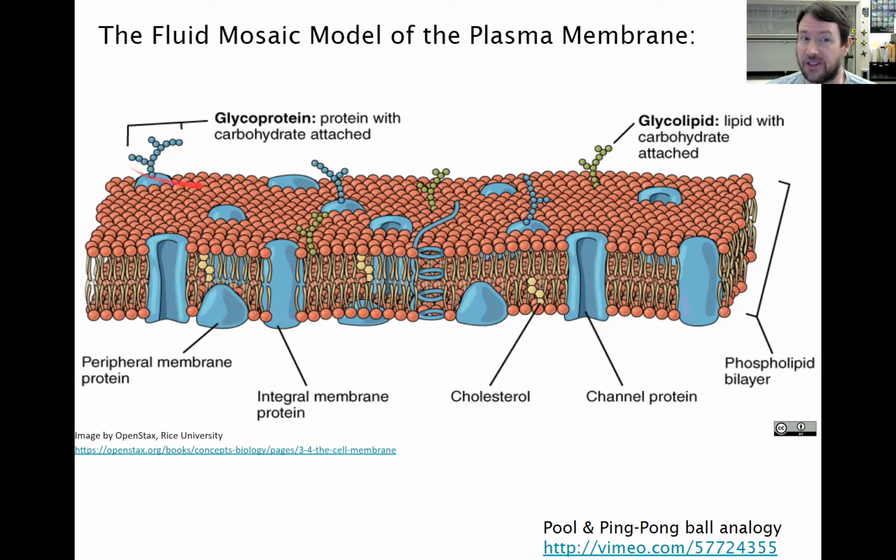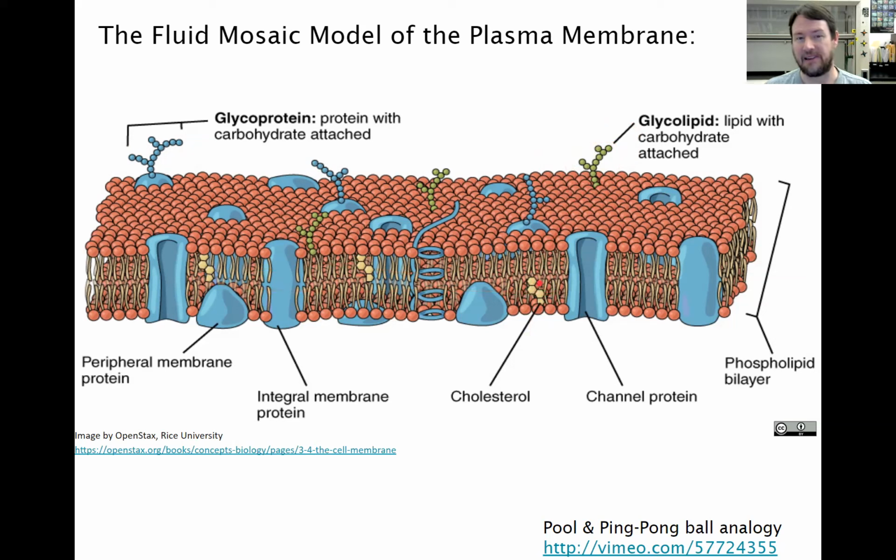On the extracellular side of the plasma membrane, you might have glycoproteins, which are just these integral proteins, for example, with a carbohydrate attached. Or we might have glycolipids, so it's like a phospholipid with a carbohydrate attached. And then also inside this membrane, we can find a little bit of cholesterol.